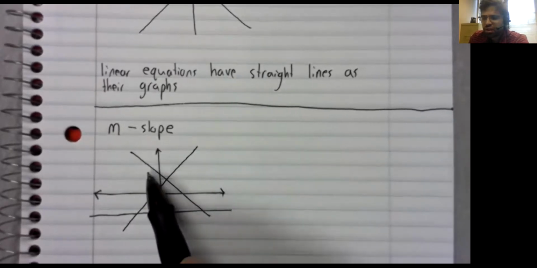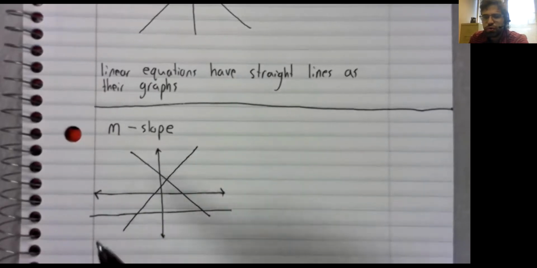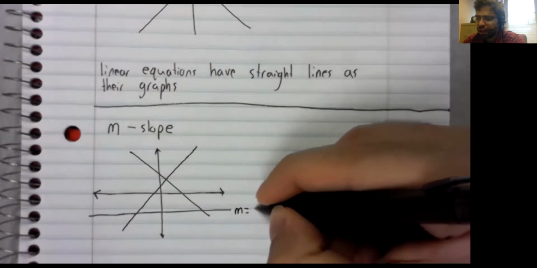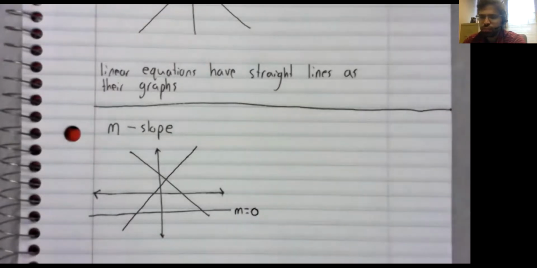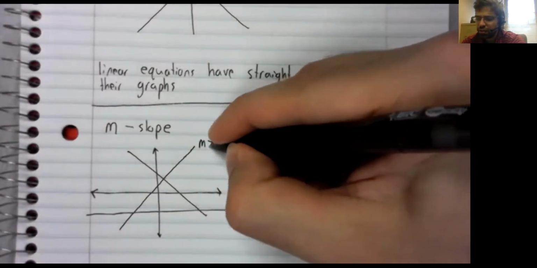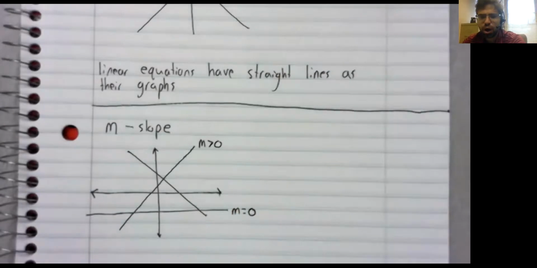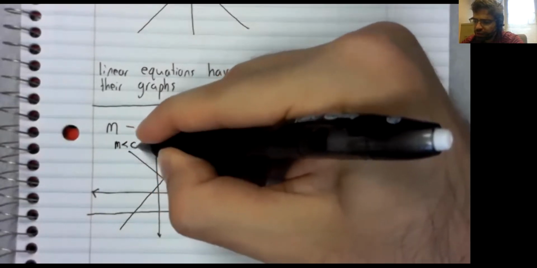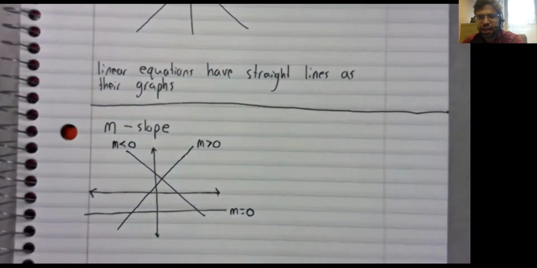And which of these three cases you fall into depends on m. If m is 0, it's a horizontal line. If m is positive, it goes up. If m is negative, it goes down.